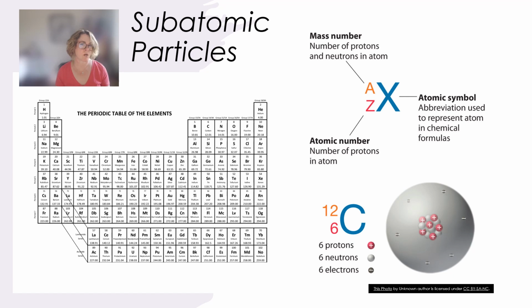So when we're talking about a specific atom, it is useful to have a representation so that we can easily see what atom or what element we're talking about, and what the atomic number is and what the mass number is. So here, first we have our atomic symbol, and we've already talked about this.